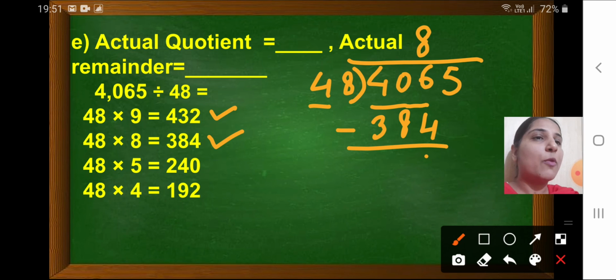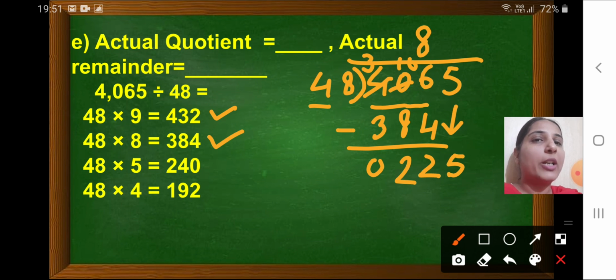So 6 minus 4, 2. Here we have to borrow because 0 is there. So 3 will be left here. Now 10 minus 8, 2. Now we'll bring down the next digit, which is 5 here. Now 48 5s is 240, which will be more.